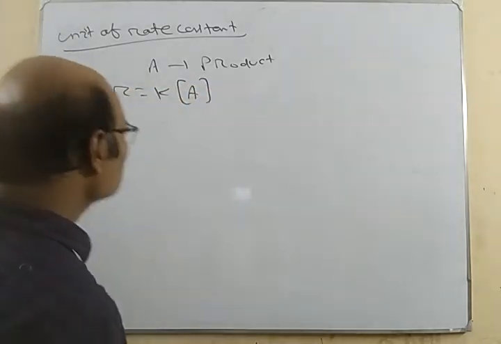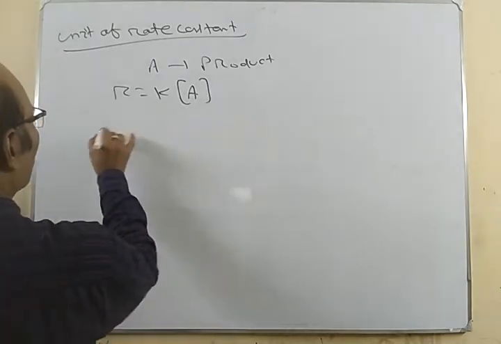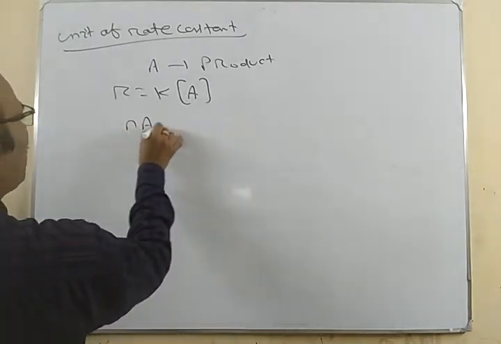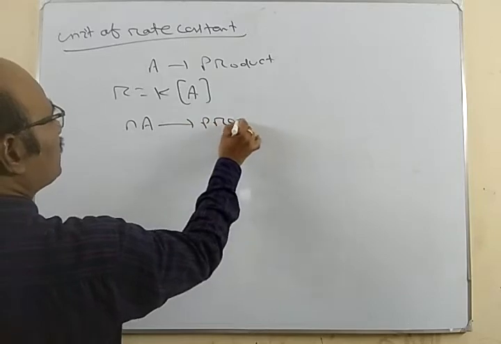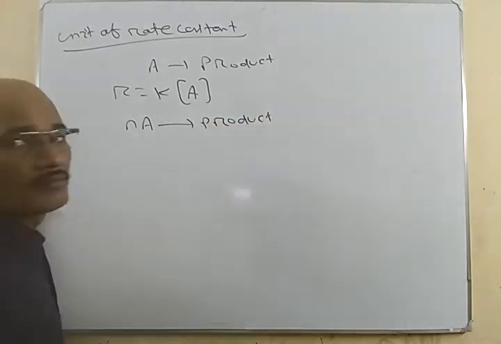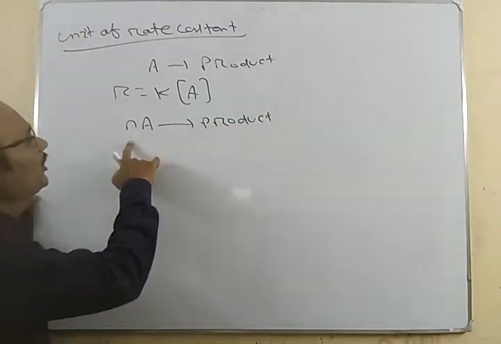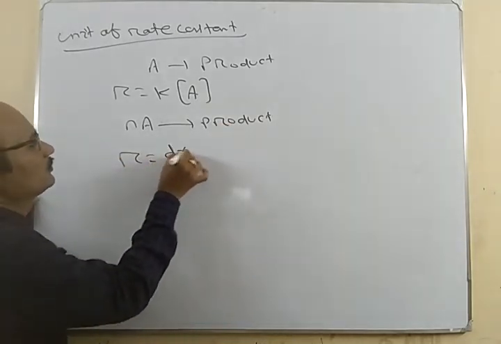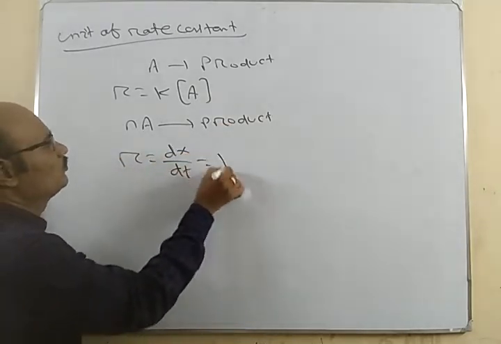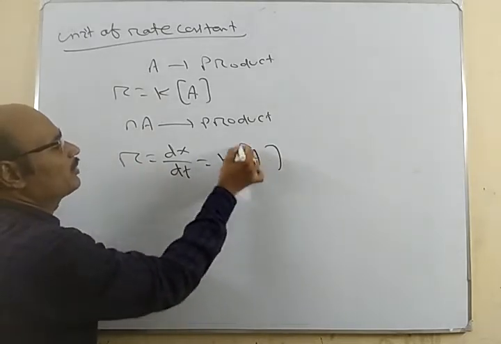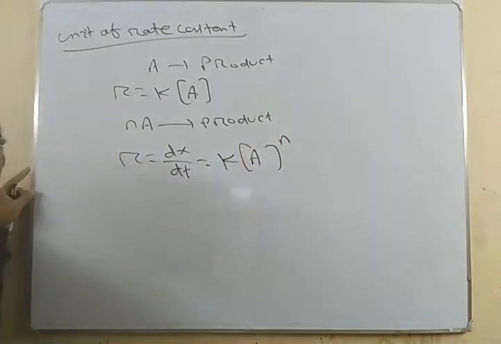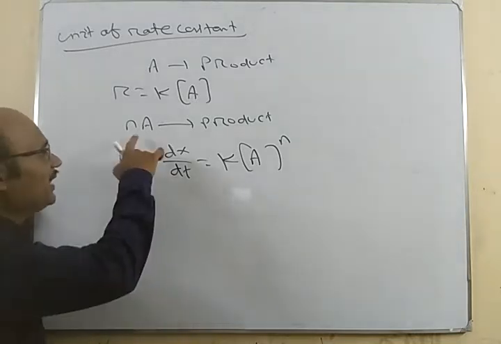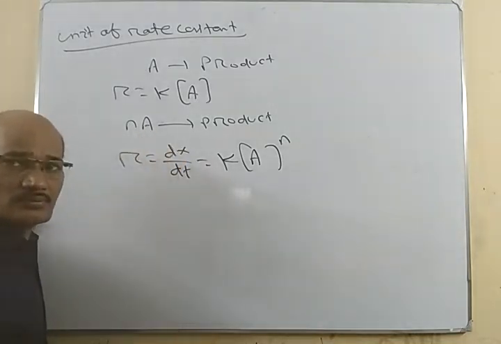Suppose I take n of A giving product. Then R equal to dx by dt is equal to K into [A] to the power n, that means n times A is taken.